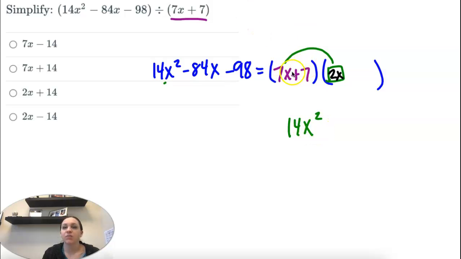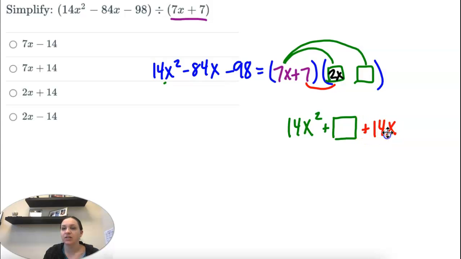And then if I keep multiplying, there's something here that we would add. But I don't know what it is, so I'm going to keep going. And then here, 7 times 2x is 14x. And then 7 times something is supposed to give me negative 98.